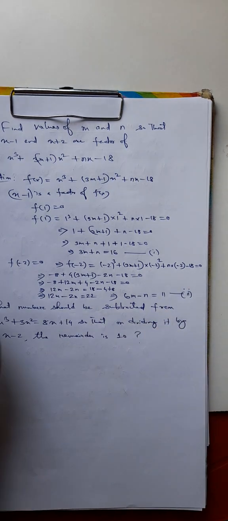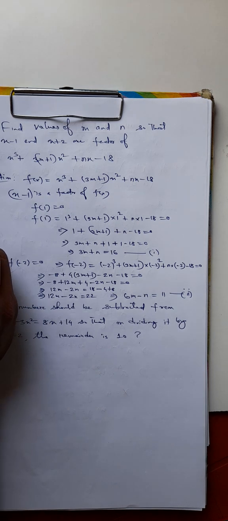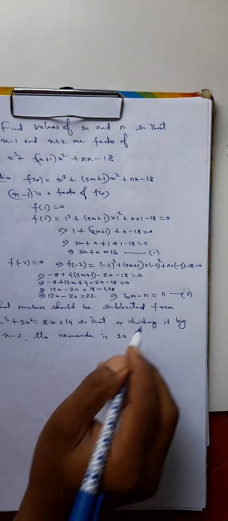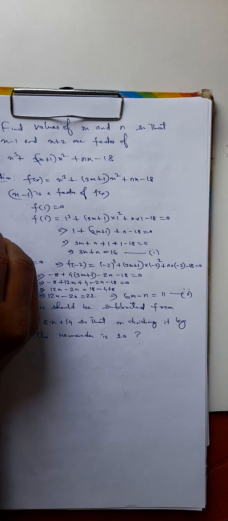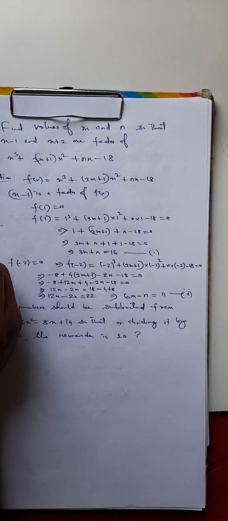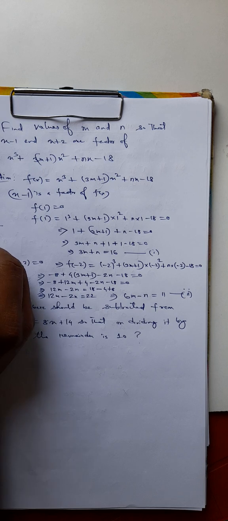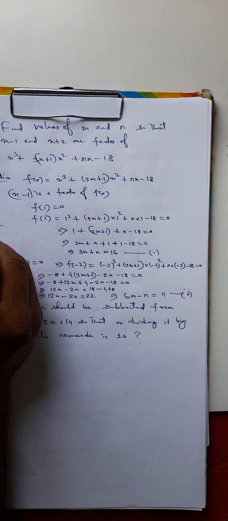Now you see, first you got 3m plus n equal to 16. Second relation you got 6m minus n equal to 11. Now let us add these two equations. If you add these two equations, 9m equal to 27, as n cancels out.